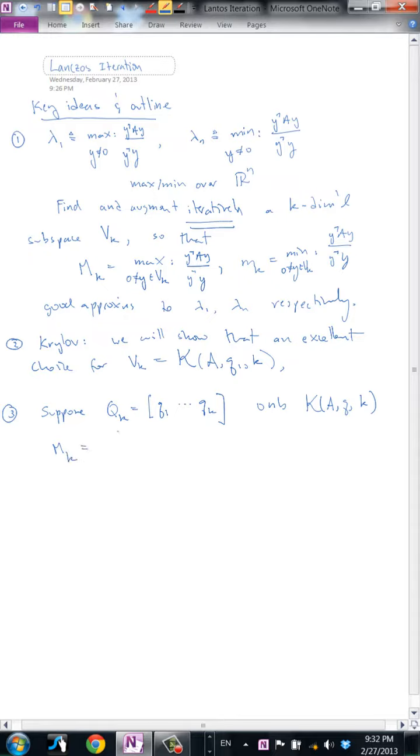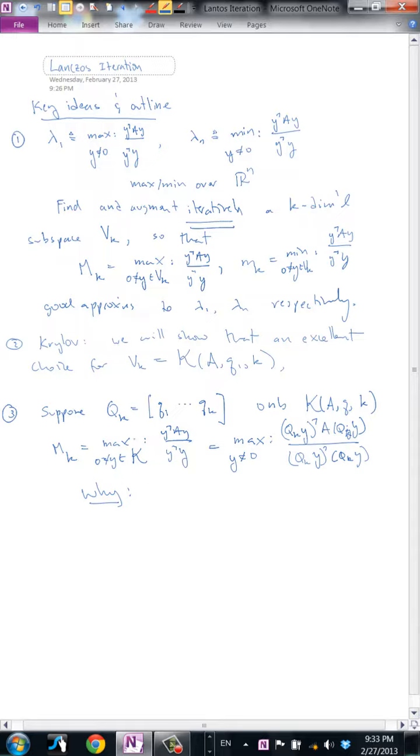By definition, this is equal to the max over y in the Krylov subspace of dimension k of y transpose Ay, which is exactly equal to the max over all y different from 0 of (Qk y) transpose A (Qk y) divided by (Qk y) transpose (Qk y).